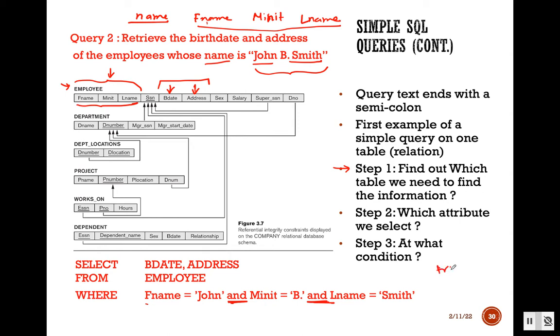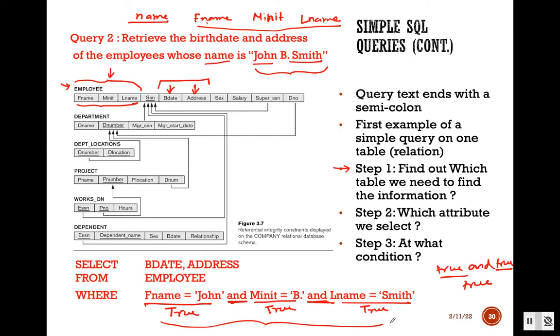For example, true and true means true. If all of the conditions here are true, the AND operation will be true. So if this is true, this is true, and this is true, the whole conditional statement with AND will be true.